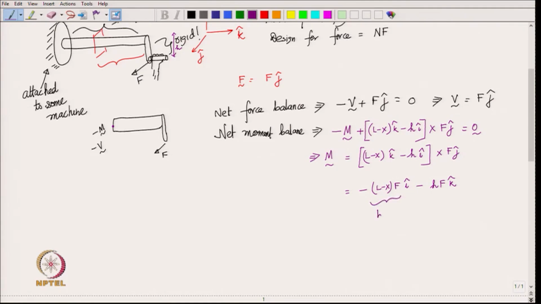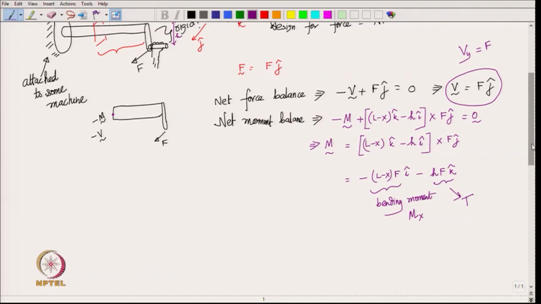So, this part is actually the bending moment responsible for bending the beam, and that is M x, right, it is in the i direction, and this part, that is the torque, because it is along the axis of the beam, torque T, and then we have shear force also, you can see here. So, that means this is V y. So, V y is equal to force F. Okay. So, we have not only shear force in the cross section, we also have bending moment and the torque T.